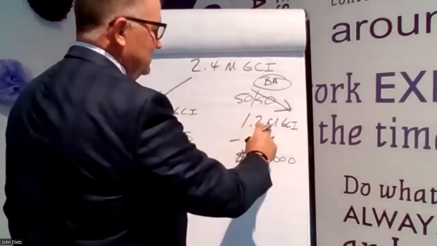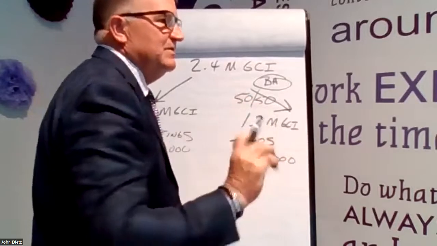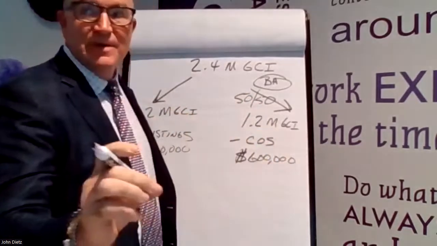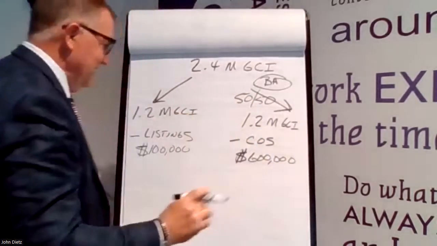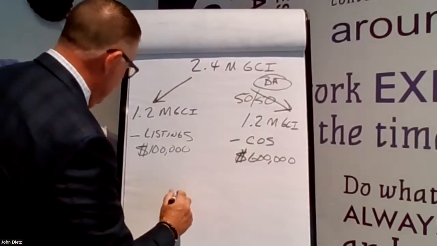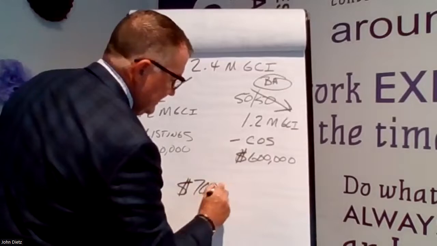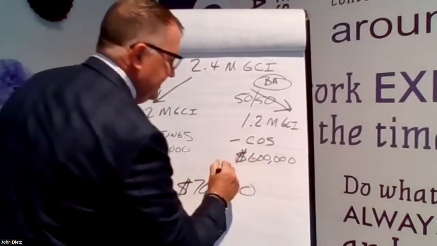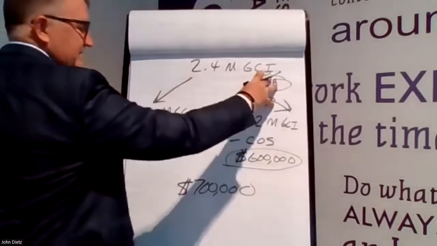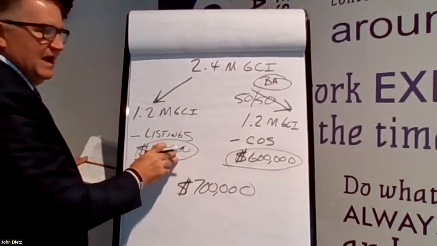The rainmaker is also earning $600,000 of the 1.2 million GCI because they're on a 50-50 split. Everybody following me? All right. Now, at the bottom, we have a total cost of sale of $700,000. That $700,000 is made up of the $600,000 that comes from the buyer side and $100,000 from the seller side.